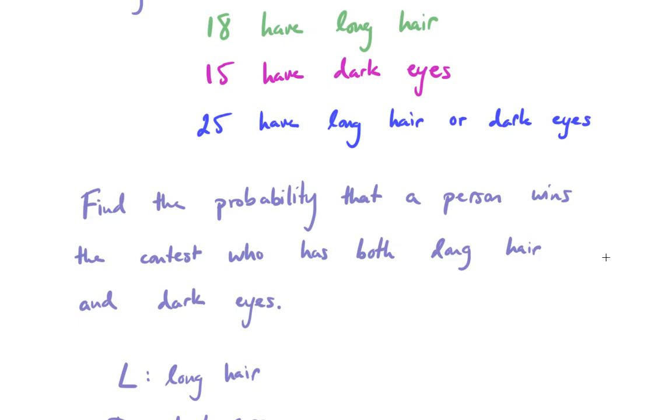So remember, in probability speak, "or" is the union, the U symbol, and "and" is intersection, this cap symbol.